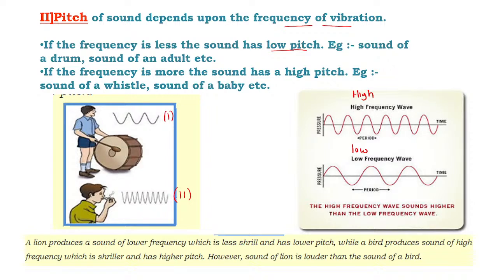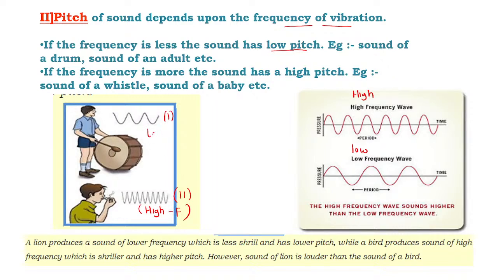So whose pitch is high? The sound of a drum or the sound of a whistle? Understand the diagram and tell me which one is showing a high frequency wave pattern. High frequency wave pattern is shown by the sound of the whistle, isn't it? This is a high frequency. What about the sound wave of a drum?